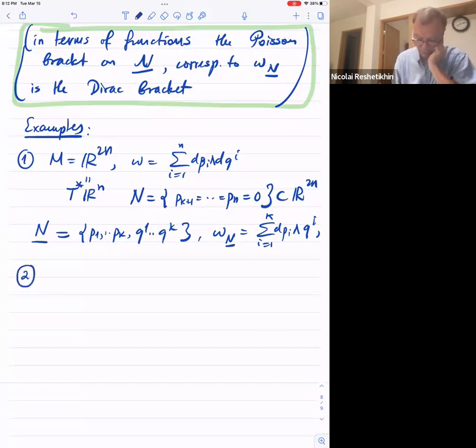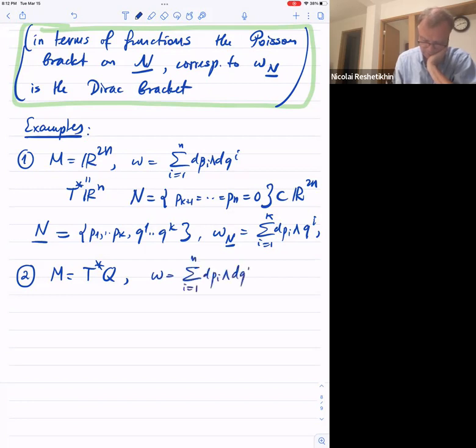It's very natural. And the other example is, let's consider M to be the cotangent bundle to Q with the symplectic form given by the same formula, but now in local coordinates.